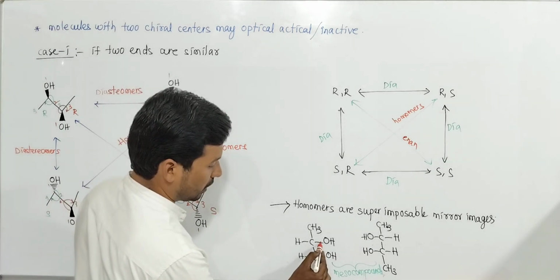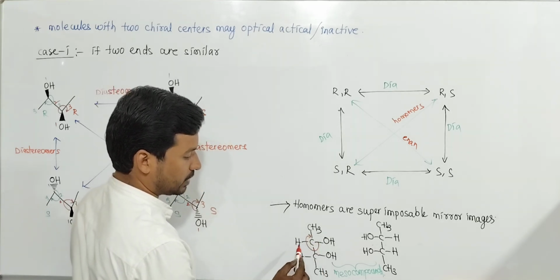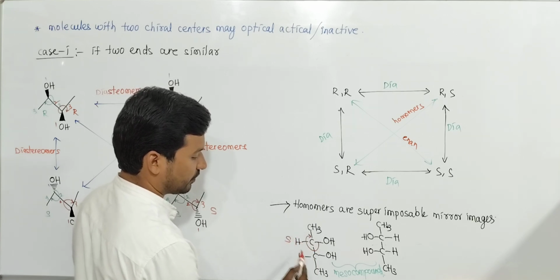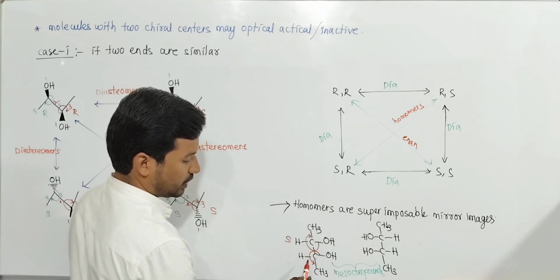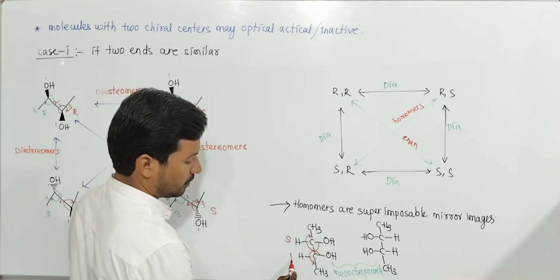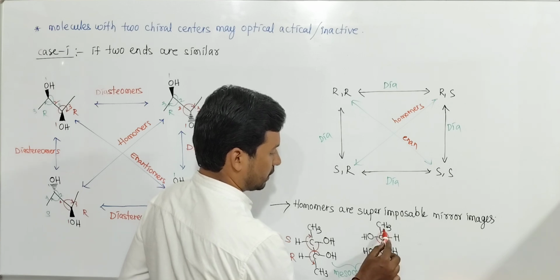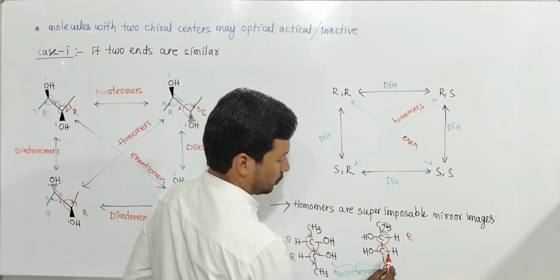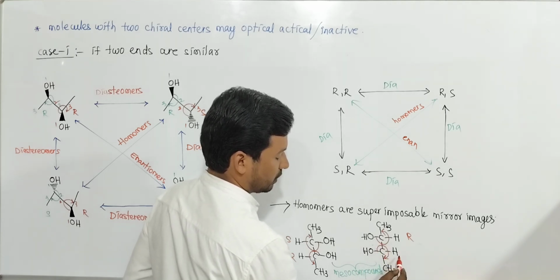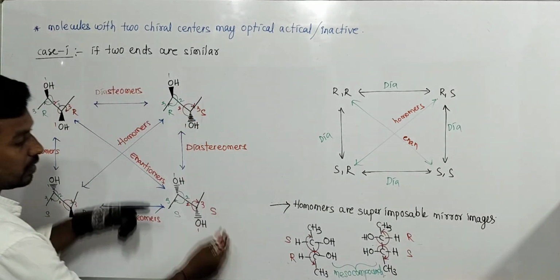This configuration: 1, 2, 3, fourth priority group on horizontal line, clockwise becomes S. Here 1, 2, 3 anti-clockwise, fourth priority group on horizontal line, anti-clockwise means it becomes R. Here 1, 2, 3 anti-clockwise, fourth priority group on horizontal line, R. Here 1, 2, 3 clockwise, fourth priority group on horizontal line, S. SR and RS are what?